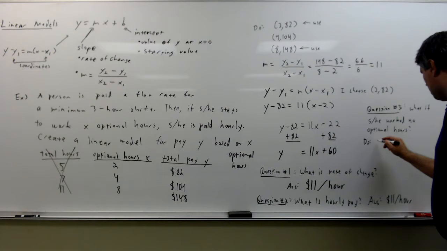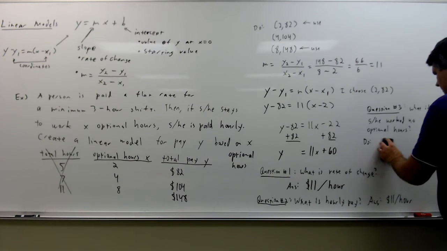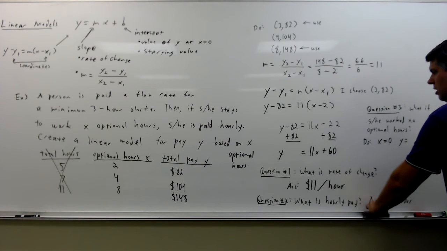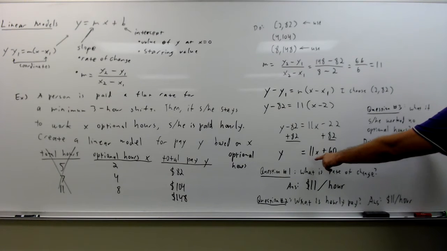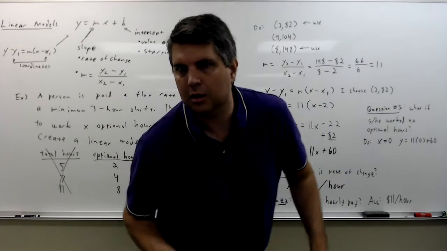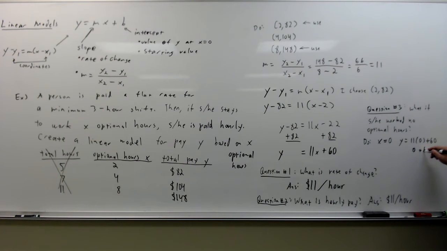This means x equals 0. So y equals 11 times 0 plus 60. Okay, so 0 plus 60 is $60.